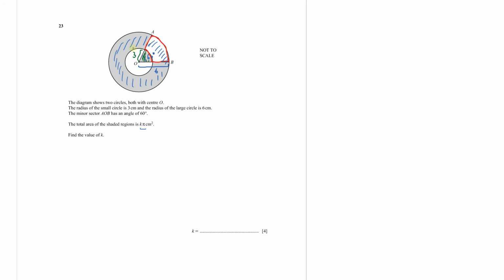So let's find the area of the ring, or we can call it the difference between the large and small circle.